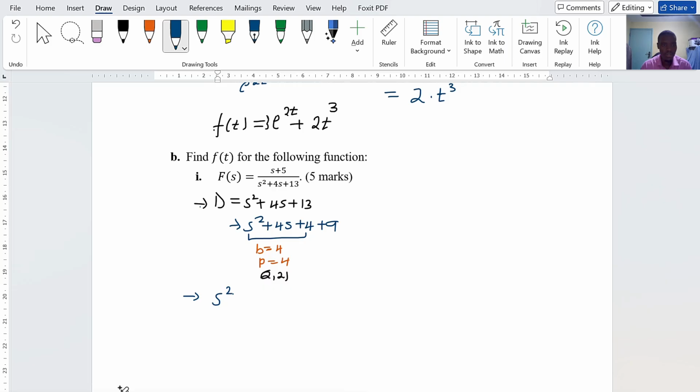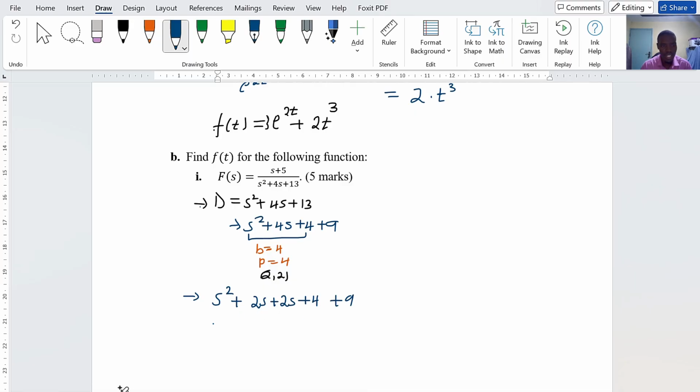So we are going to have s squared plus 4s. 4s is now going to be 2s plus 2s. So s squared plus 2s plus 2s plus 4, which gives us 4s plus 4, now plus 9.